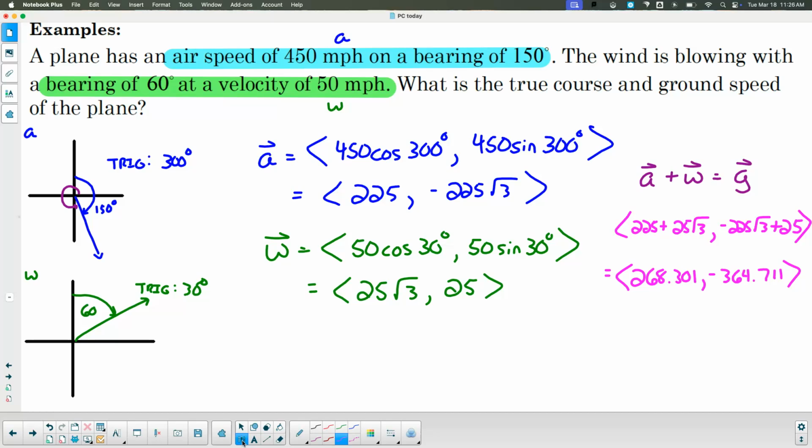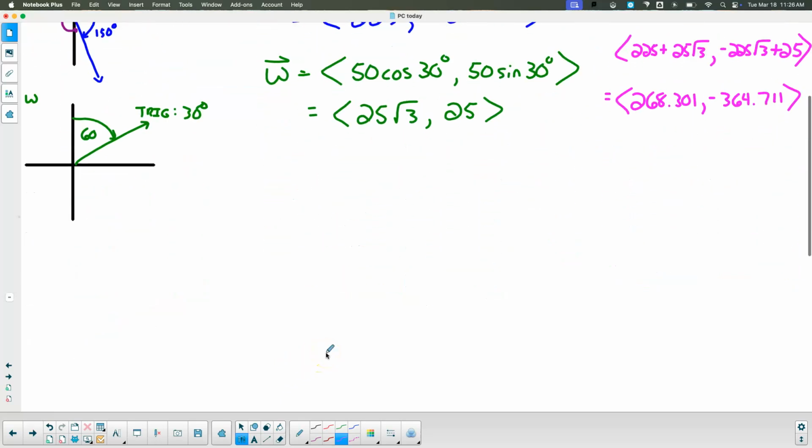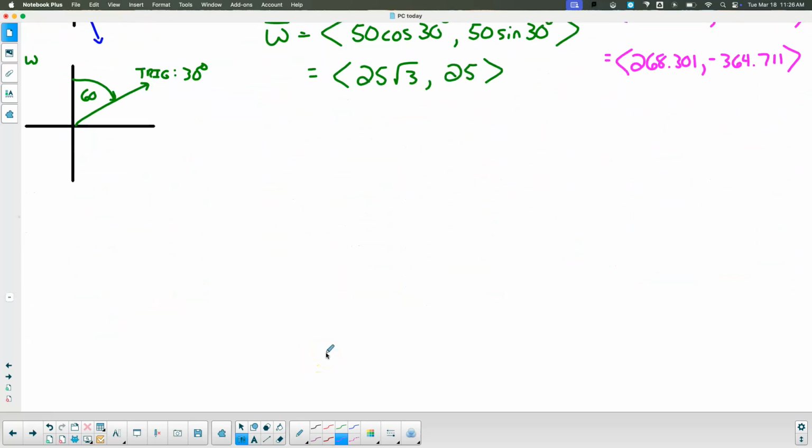From that vector now, we need to find the magnitude. So that's going to be 268.301 squared plus negative 364.711 squared.